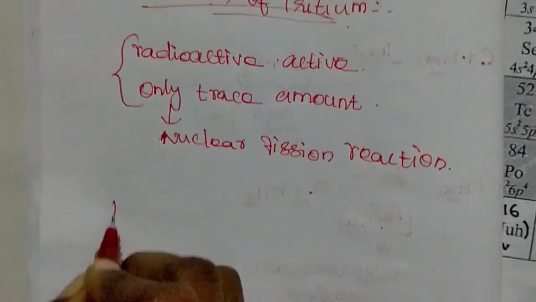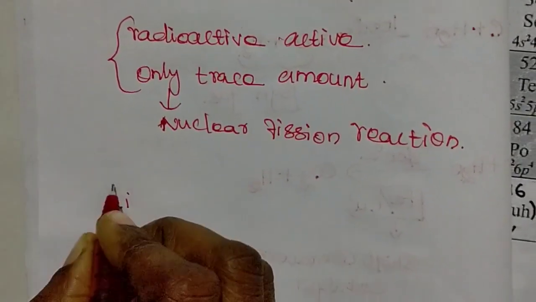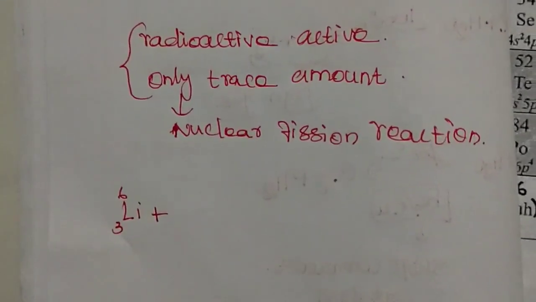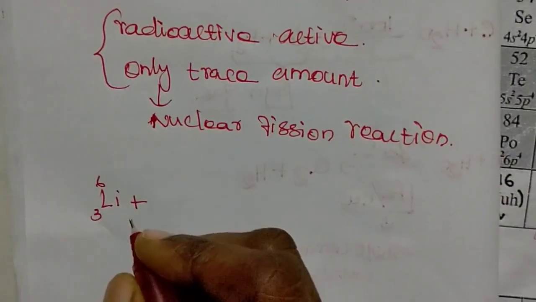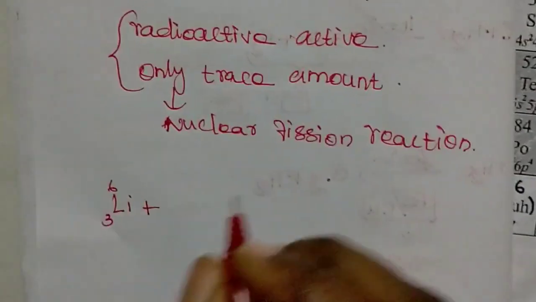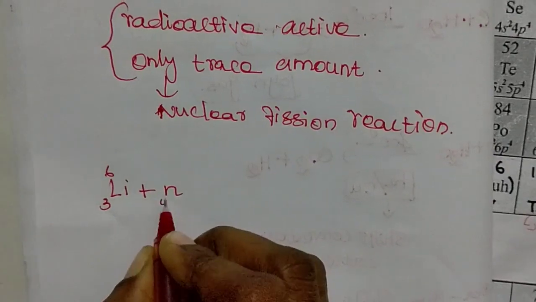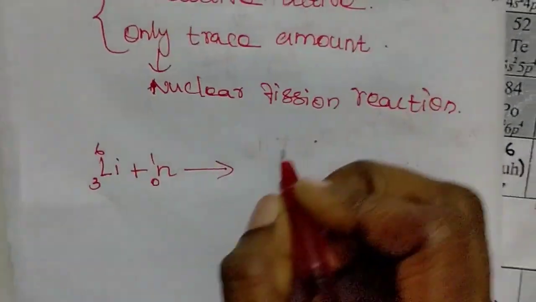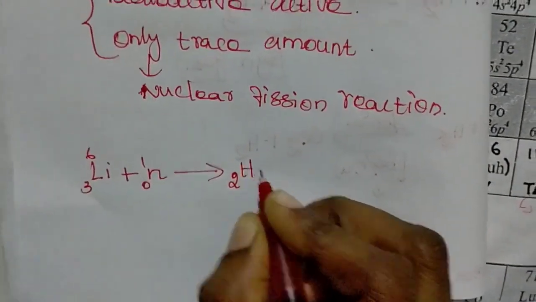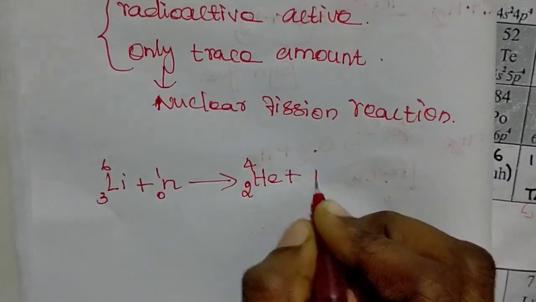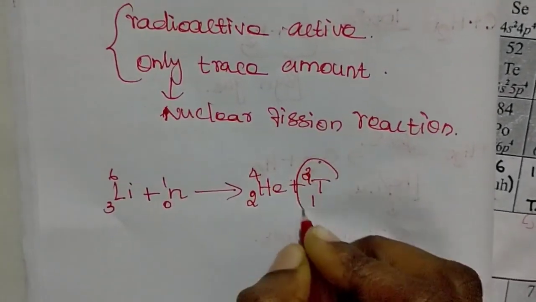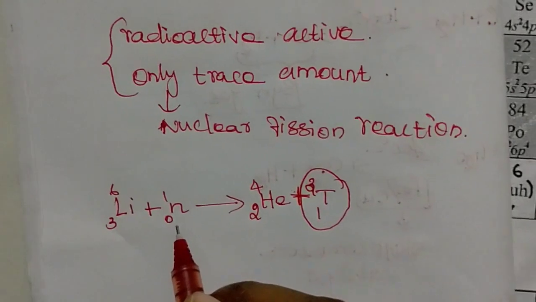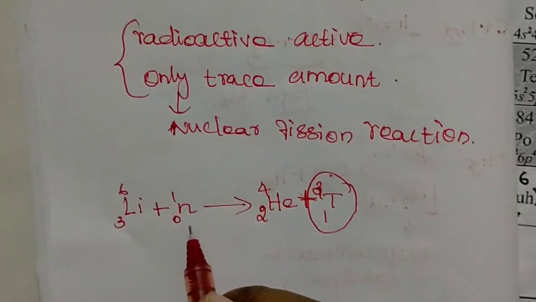For nuclear fission, lithium is bombarded, or it reacts with slow moving neutrons. It produces the tritium isotope, with the resultant of helium and tritium isotope. Only a trace amount is produced by the nuclear fission reaction of lithium with slow moving neutrons.